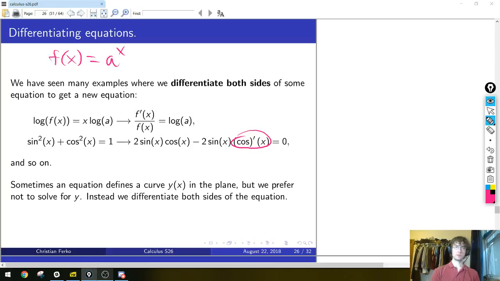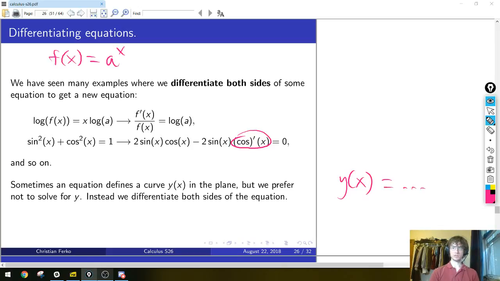So we've done this before, differentiating equations. It's also useful if you have some curve in the plane, like a circle, a hyperbola or something, and you'd like to find the slope of a tangent line to that curve, but it's either difficult or impossible to actually solve and write that curve as an equation where it's just y as a function of x on the left side equals some junk.